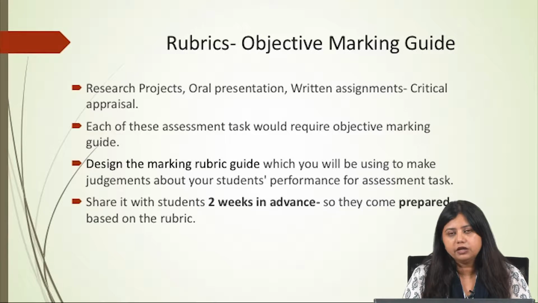The answer is correct or incorrect. But with these types of assessment tasks, which is a written piece or an oral presentation for 10 or 15 minutes, it requires a much more objective way of marking, and hence the use of rubrics becomes more important and critical here.